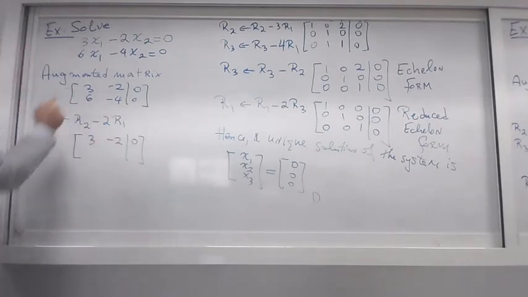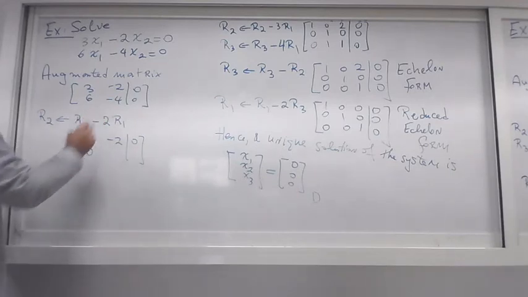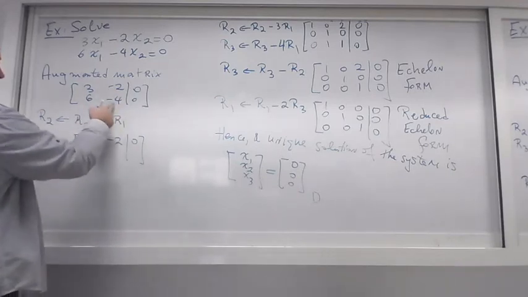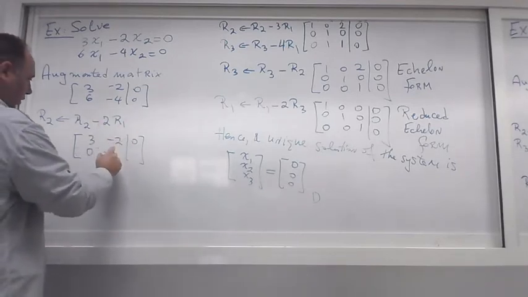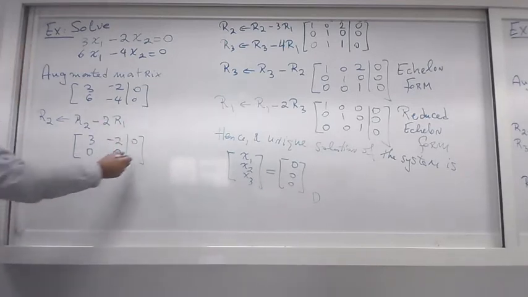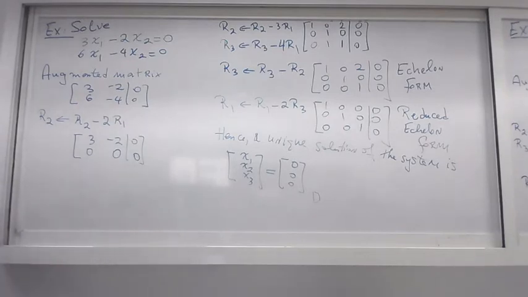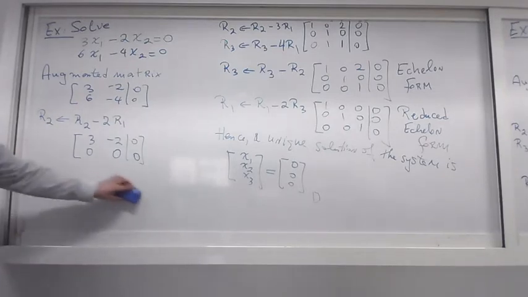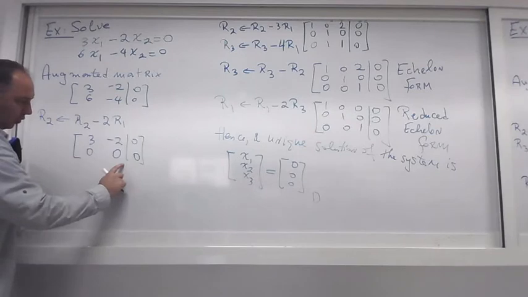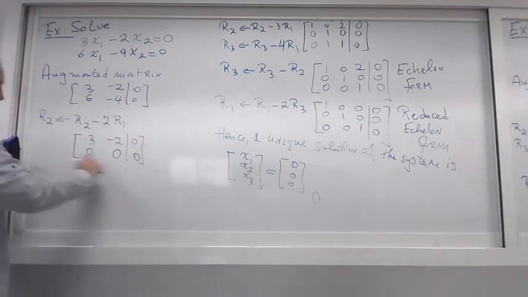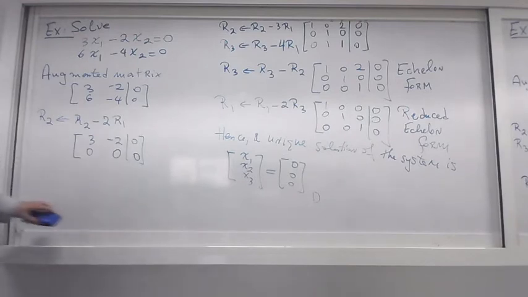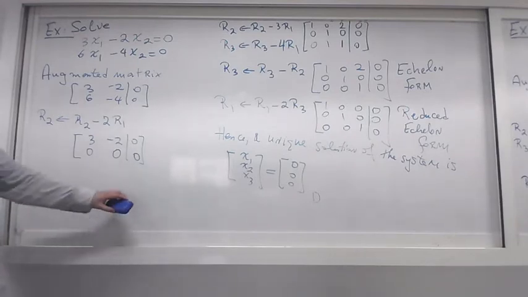So 6 minus 6, 0. And then negative 4 plus 4. Ba-bam. So here we are. There's no problem here. I have a row of zeros and on the other side I have 0. All good. The system is consistent.